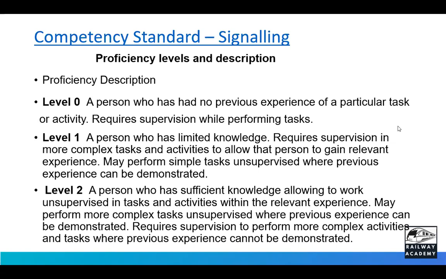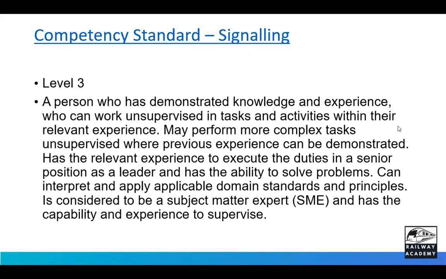You should have the knowledge specification for level 1, then the knowledge specification for level 2, both acquired, then only you can go for certification to get the certificate of competency. But a person with level 3 knowledge can demonstrate with his experience, unsupervised, all tasks involved, either in the design or installation or commissioning. One who is able to do unsupervised tasks is called level 3. That is the final level.